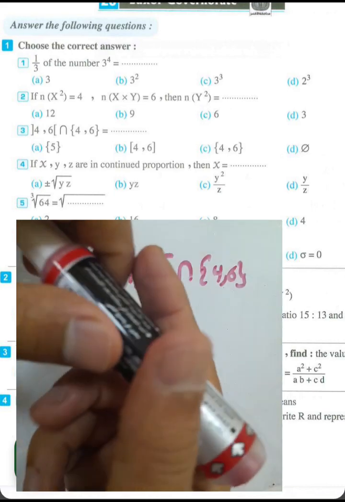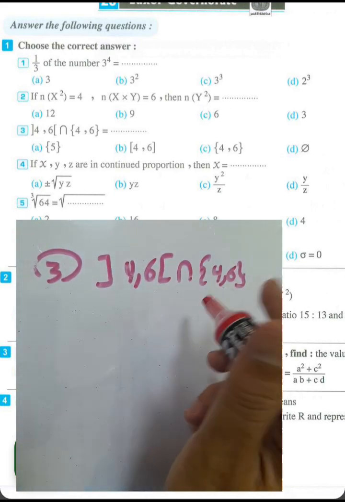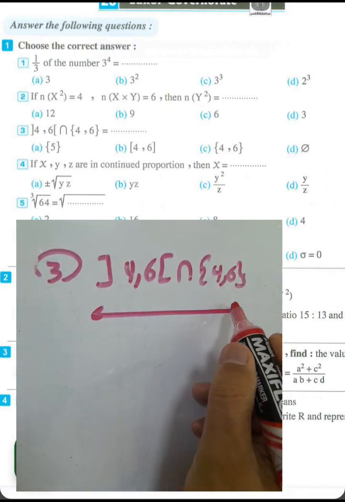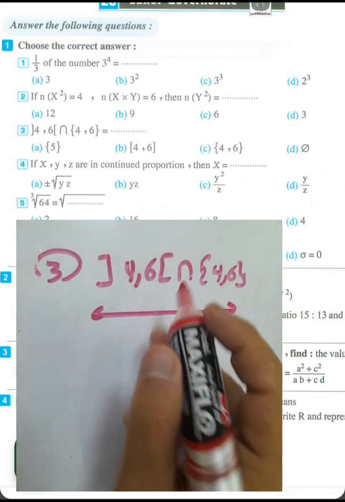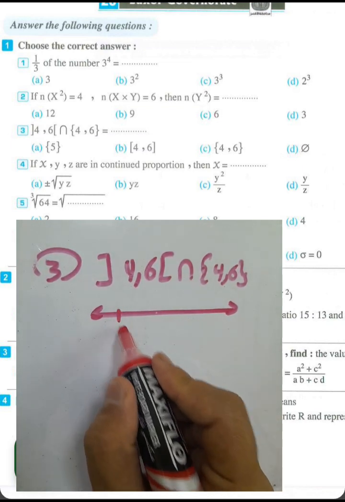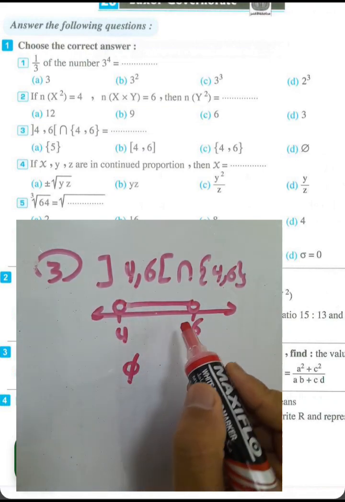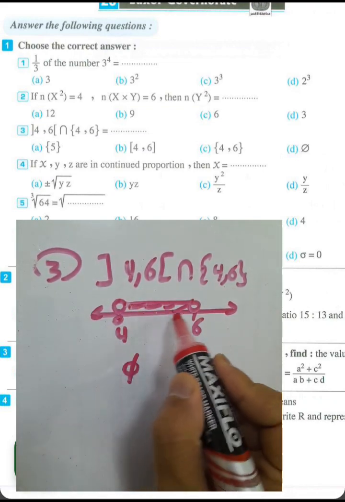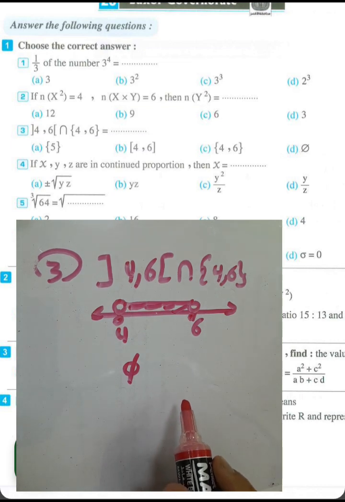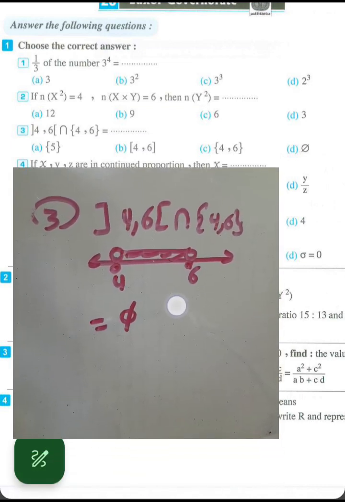He wants to find the intersection between the interval and the points. We know 4 and 6 do not belong to this interval, then the intersection between them will be the null set phi. If we draw 4 to 6, it's open, and draw them here, we have 2 points here, and the intersection between them, the result will be the null set, phi.